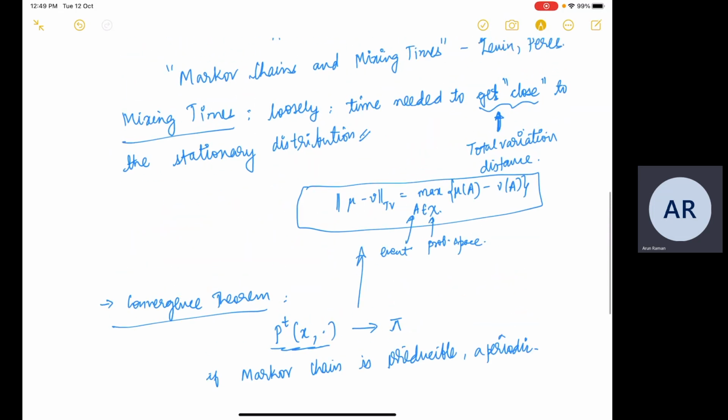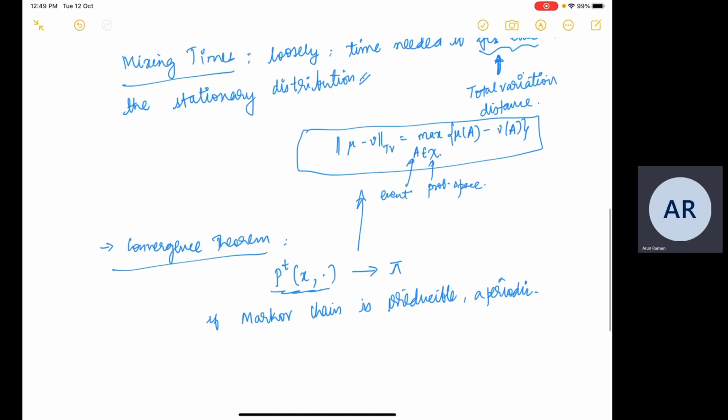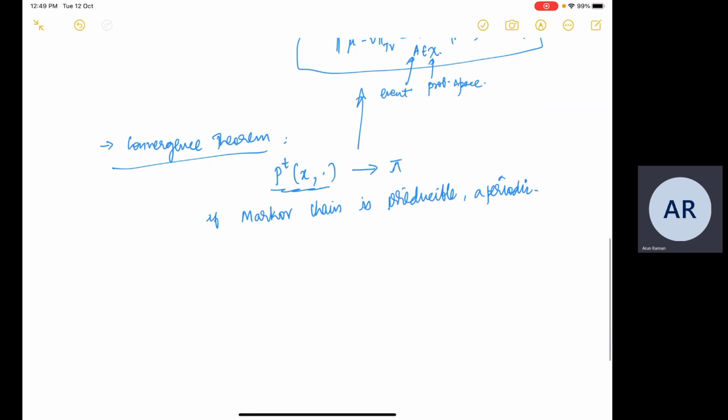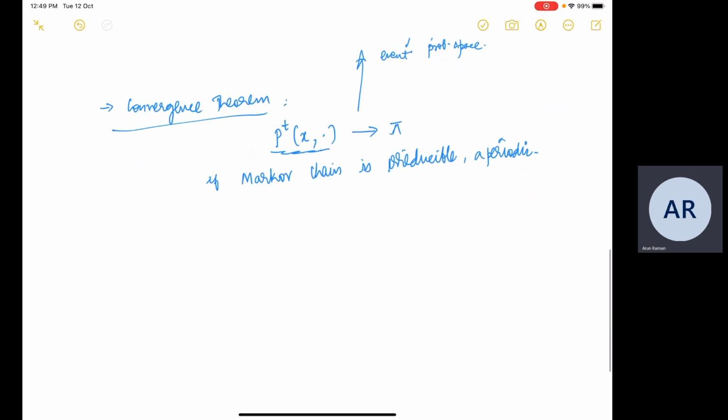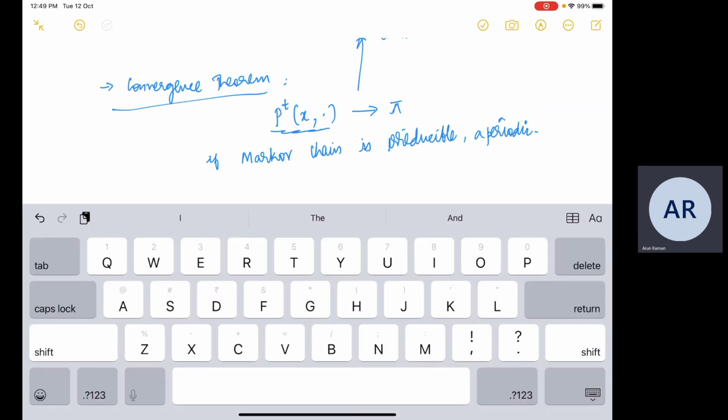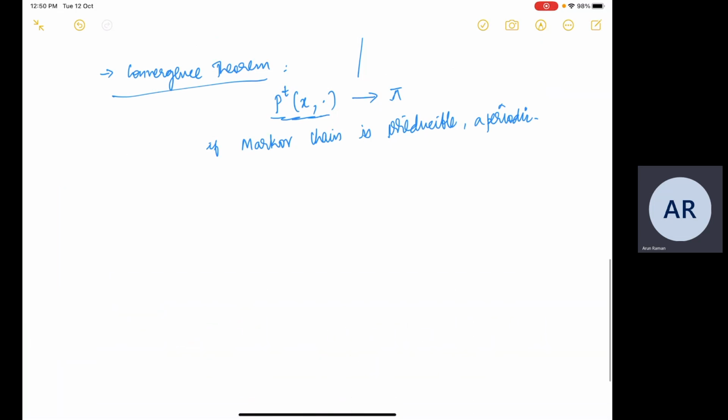This book also has the proof of the convergence theorem based on the total variation distance. We will not look at the proof. We already saw with the help of an example in the first lecture that if we take a large enough power, then this looks the same. I think that is enough to convince you that this is indeed true.